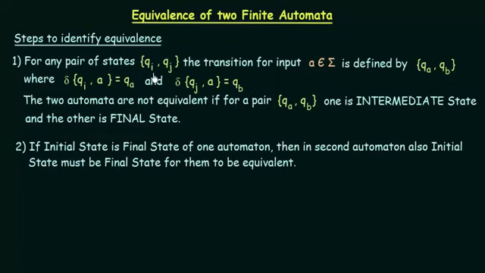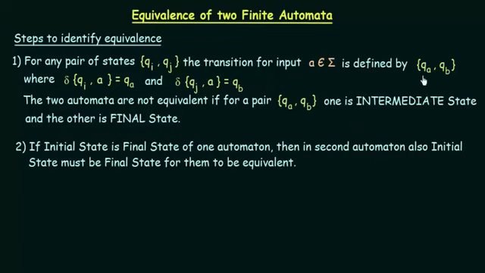Let's say that qi goes to qa and qj goes to qb on getting this input a in both automata. If qa and qb are both final states or both non-final states, then we can say that the two automata are equivalent.